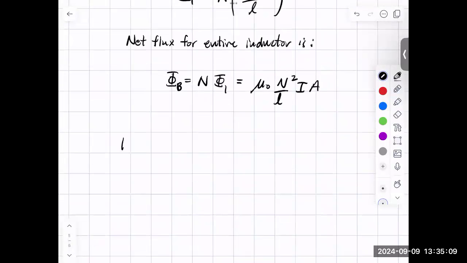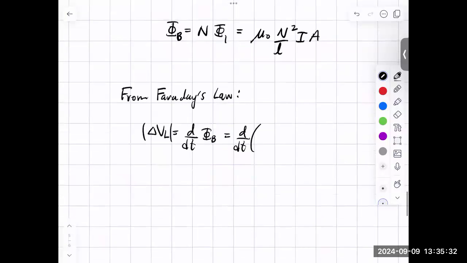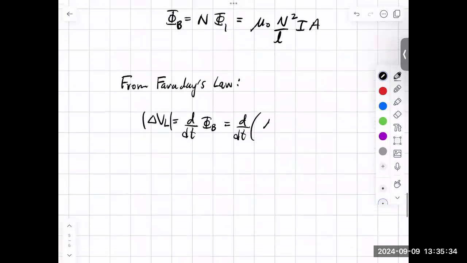So from Faraday's law, the voltage across our inductor is the derivative with respect to time of this flux, which is d by dt of mu naught n squared over L times I times A. All right, that looks a bit messy, but we're going to clean this up.